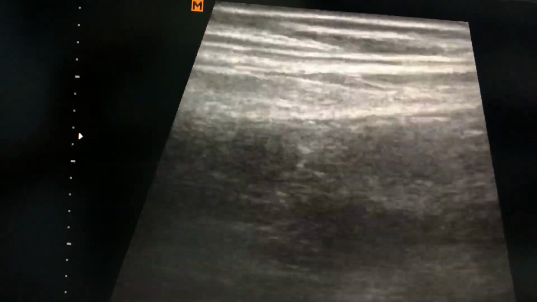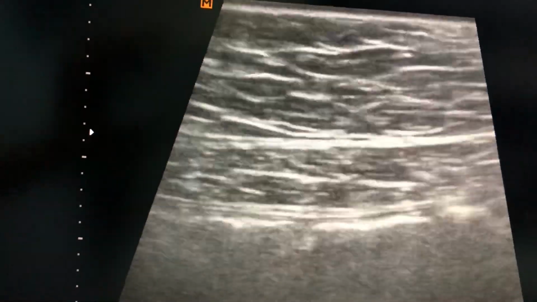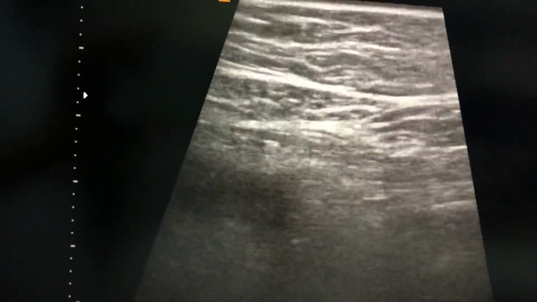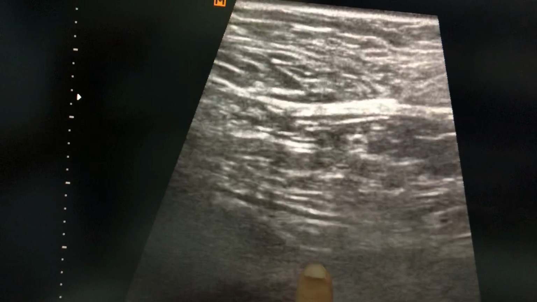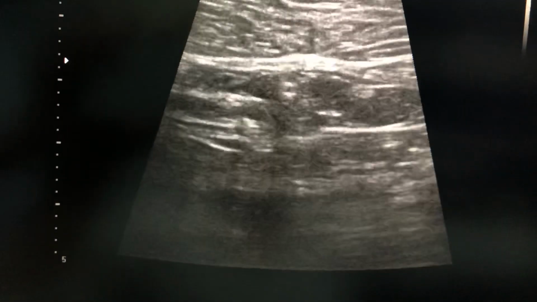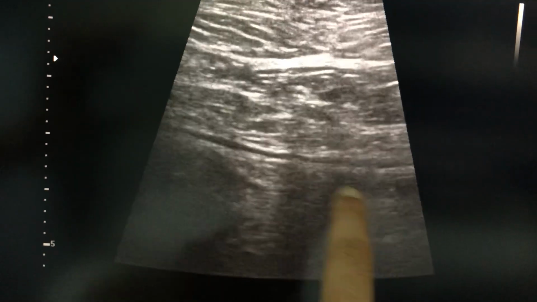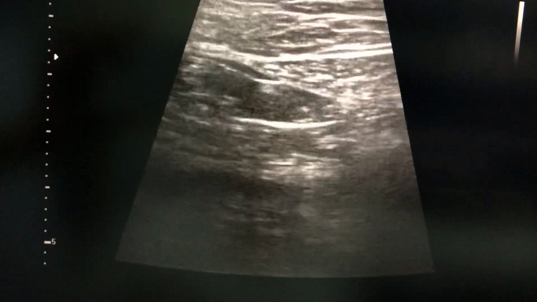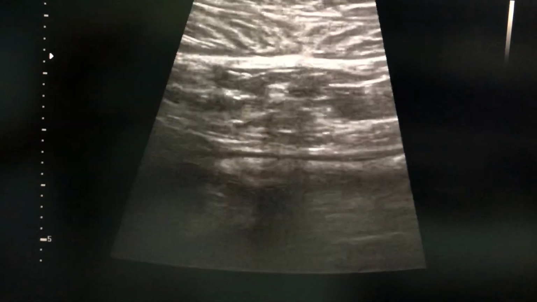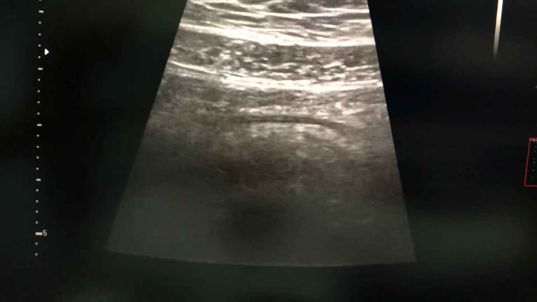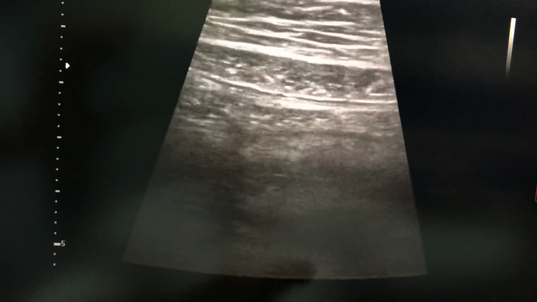This is the colon, and the transverse colon is also thickened. Here, this is the transverse colon. There is a little bit more thickening of the wall of the transverse colon.